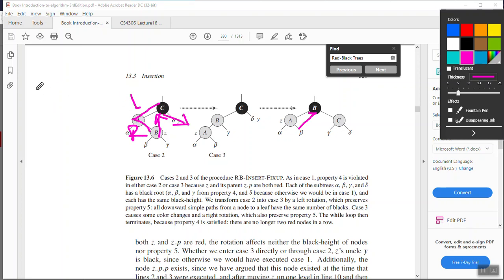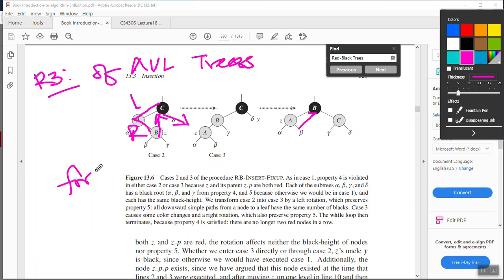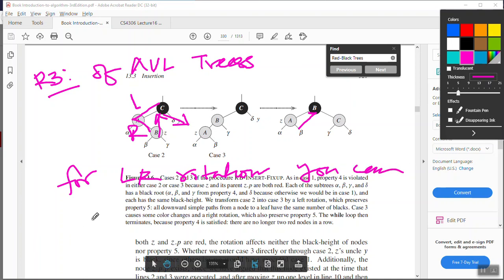So for rule 3, as with AVL trees, for the left-right rotation you can do a single up-right rotation.